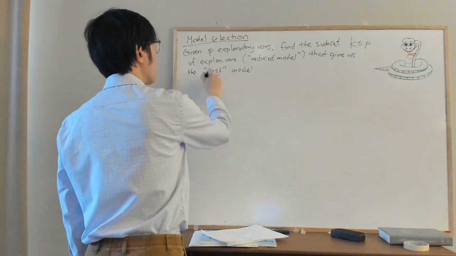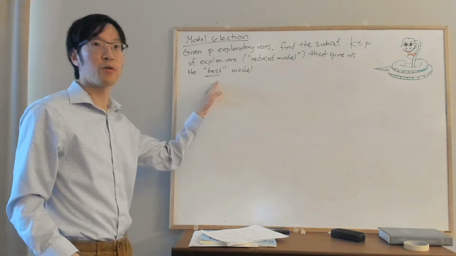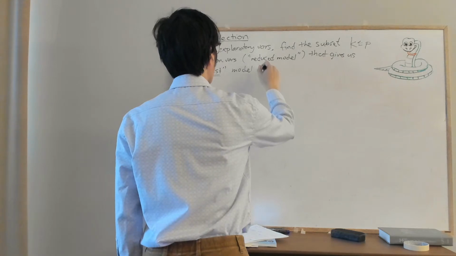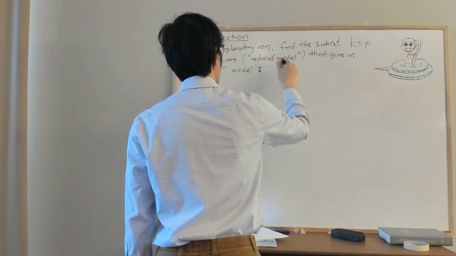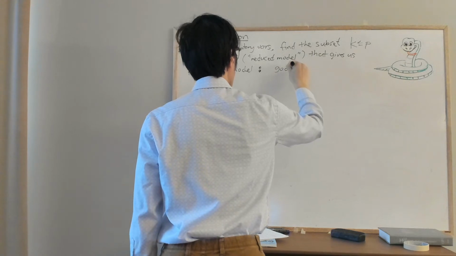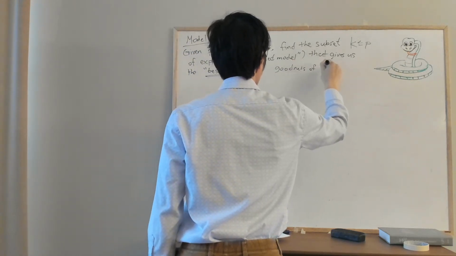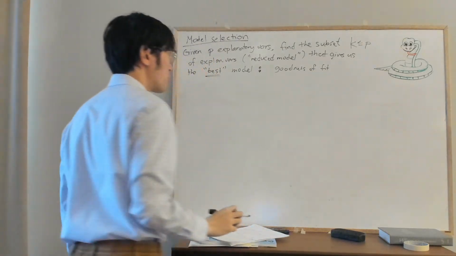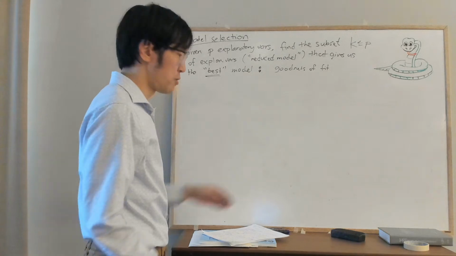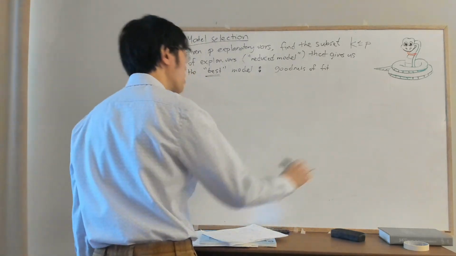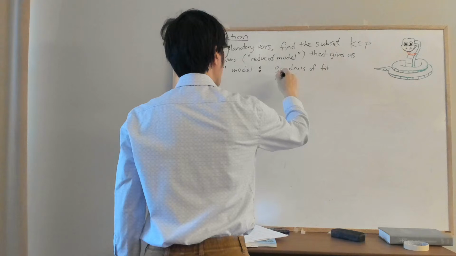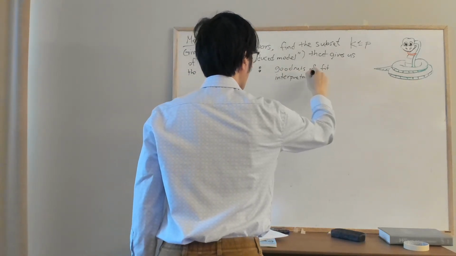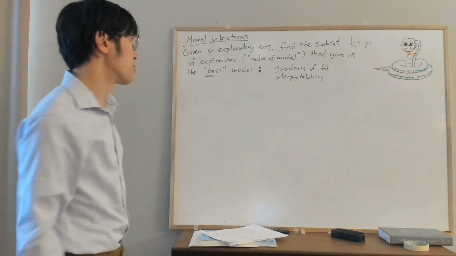So what are some things we consider in determining whether a model is good or not? I'll list some of them. For example, we can look at the goodness of fit, which I'll give you an example of as we start to talk about metrics. How well does the model fit the data? Also important when we have many variables is, can we interpret the model?